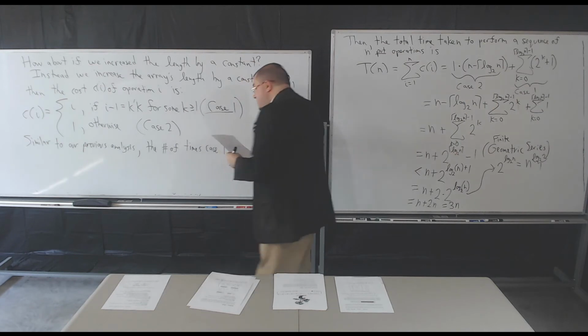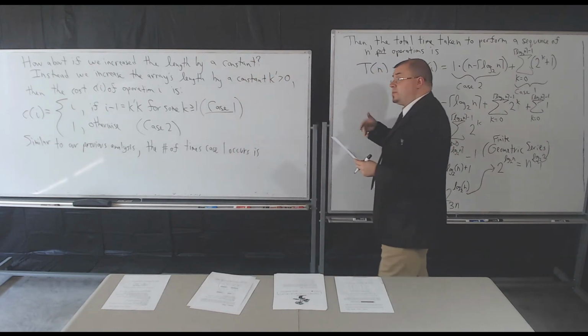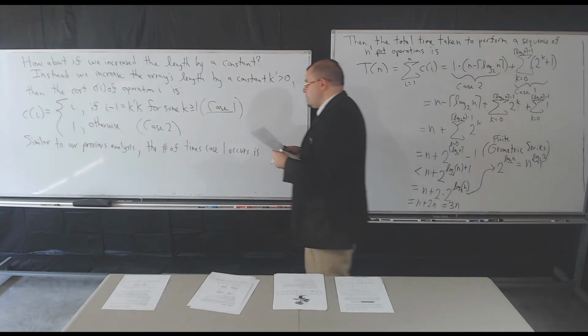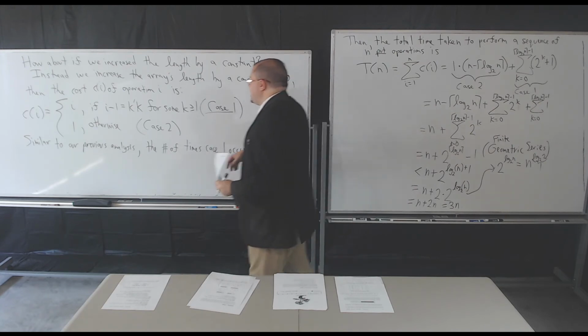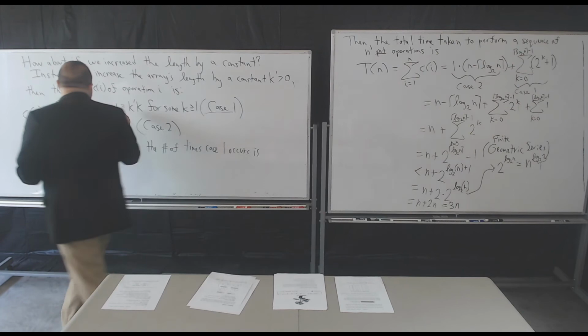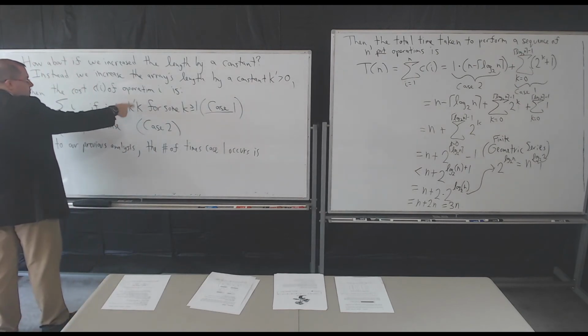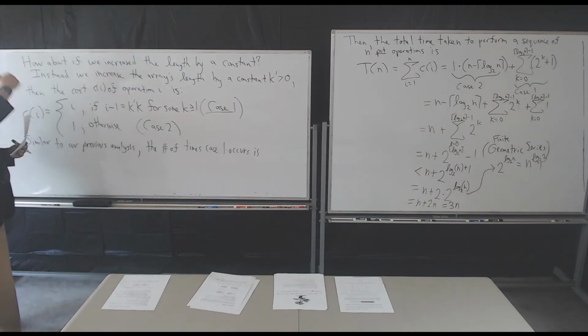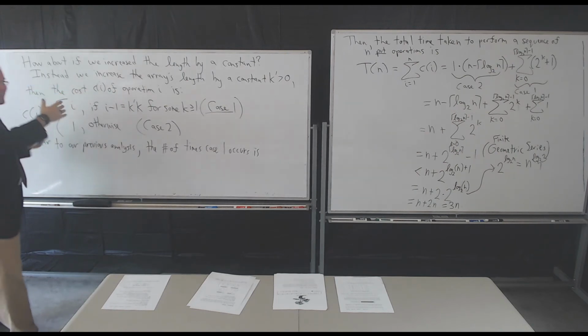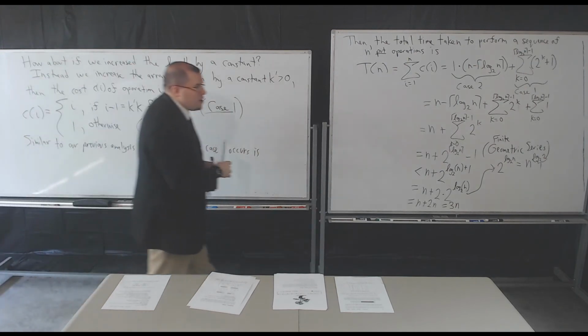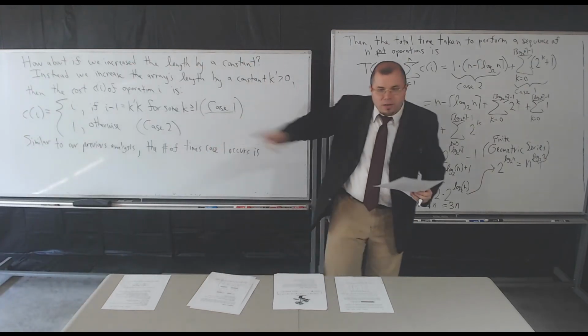But how many times can that happen for some n, for a number of operations? Just think about it. Imagine you have n operations that occur. Well, it's going to be something relative to k prime, right? It's going to be n over k prime. It's relative to this multiplicative amount. It's chunks of k prime, so how many times over all of them?